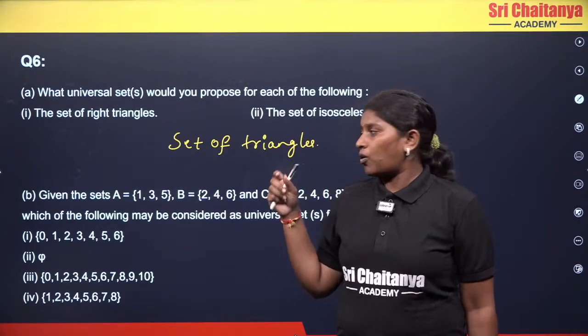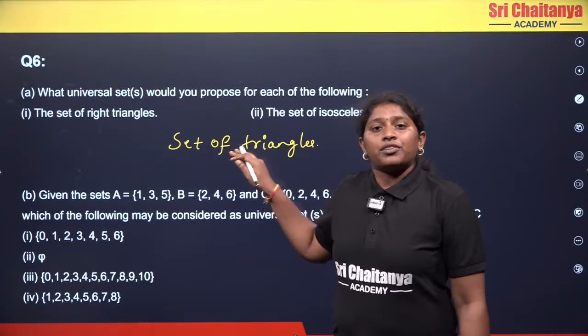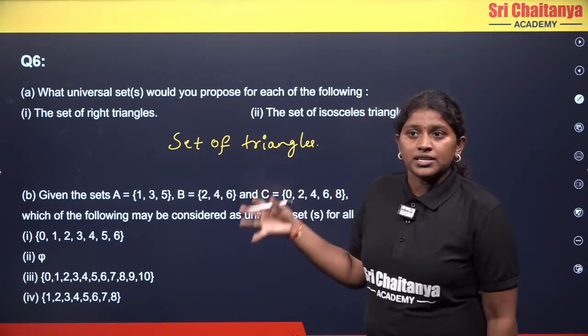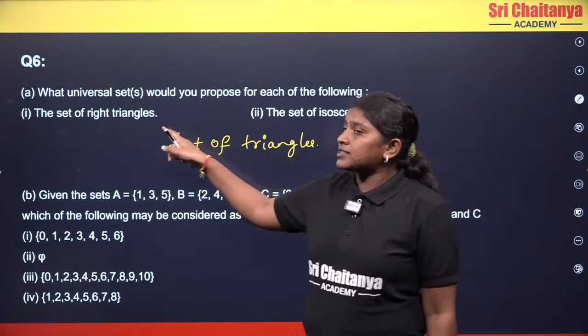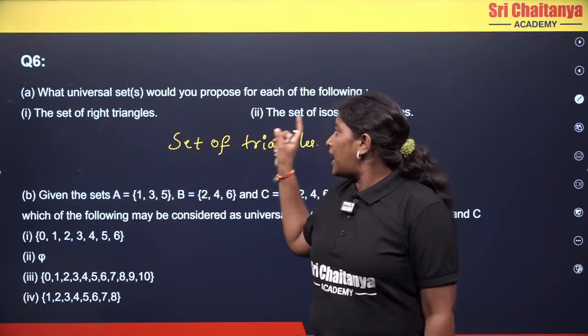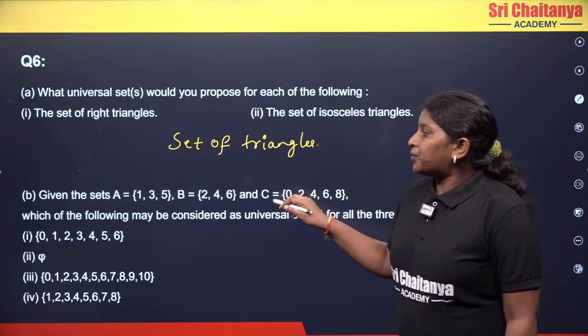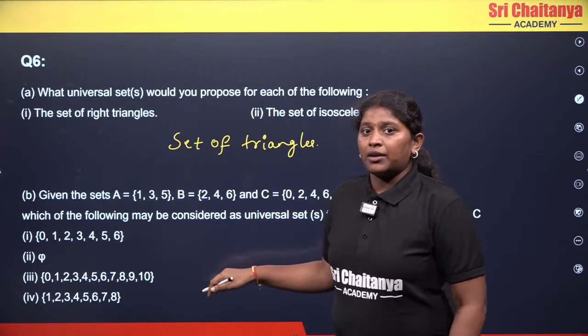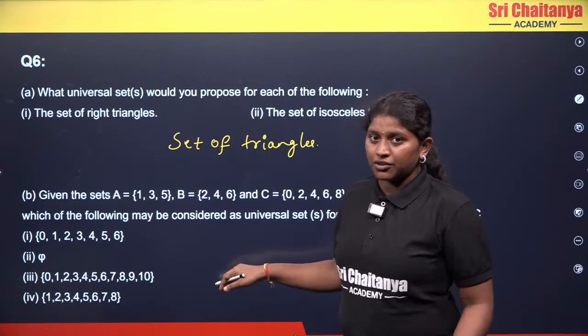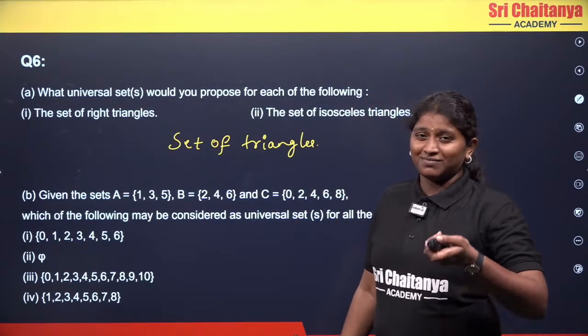So the set of triangles will act as the universal set in order to consider the subsets as the set of right triangles and the set of isosceles triangles. Okay. Now you can answer the second question. You can give the answer for the second question in the comment box.